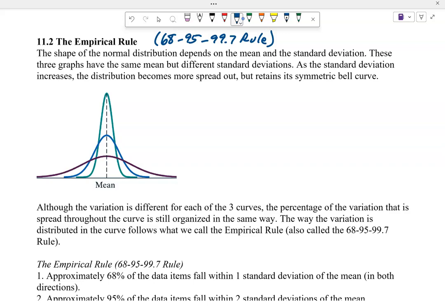Middle number. All of them have the same middle. But the really tall one, its standard deviation would be smaller than this purple one that's more spread out. That purple one would have a bigger standard deviation, right?